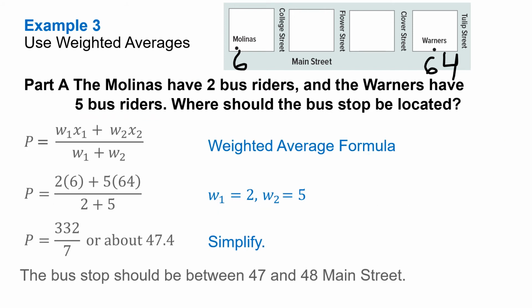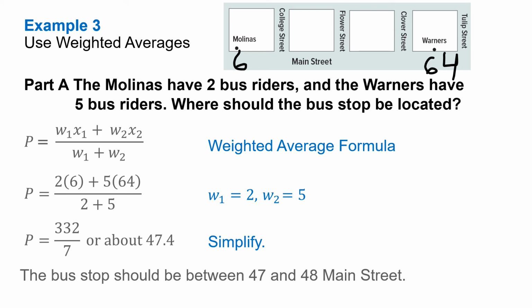So to figure out part A, we know that the weight of the Molinas is 2 and their location is 6. The Warners have a weight of 5 and their location is 64. So we're going to substitute that into the weighted averages formula. 2 times 6 is 12. 5 times 64 is 320. 12 plus 320 is 332.